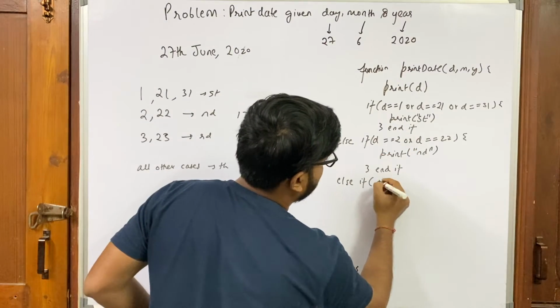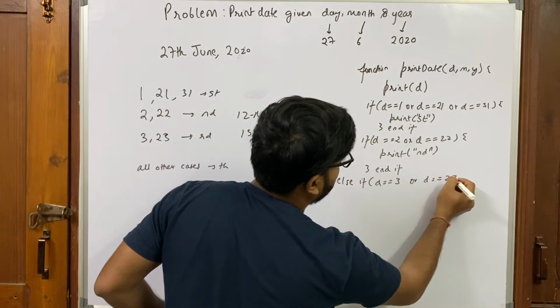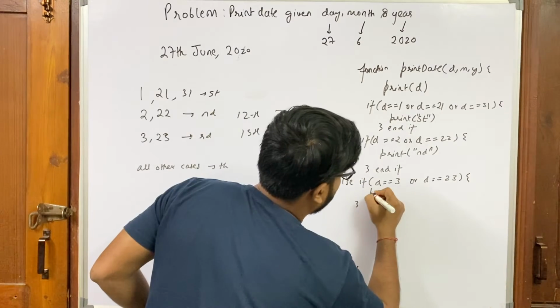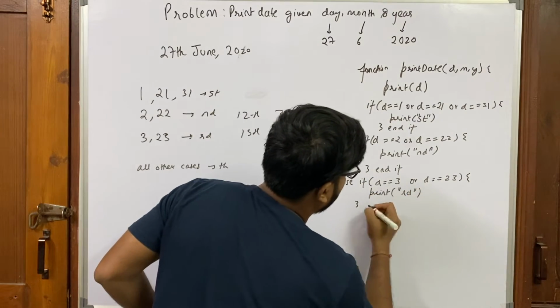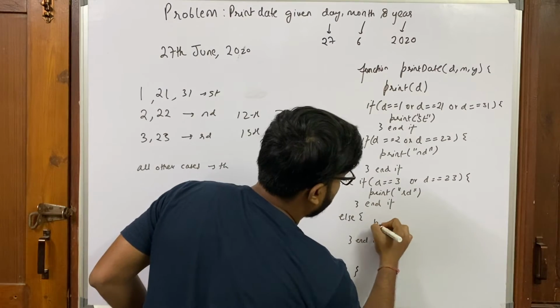Else if D is equal to 3 or D is equal to 23, we print RD. And for all the other cases, which is else, you print TH.